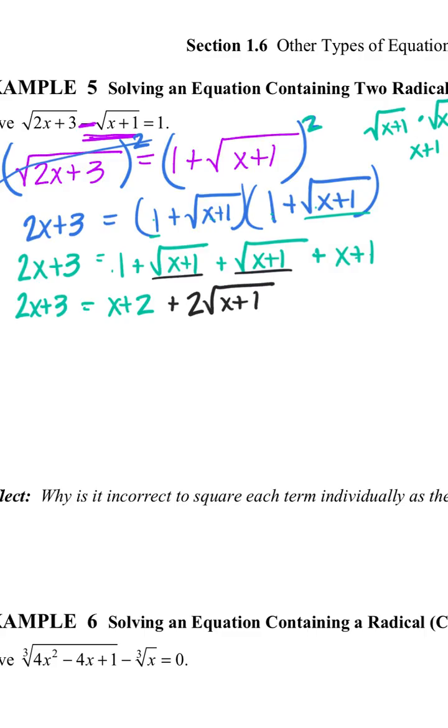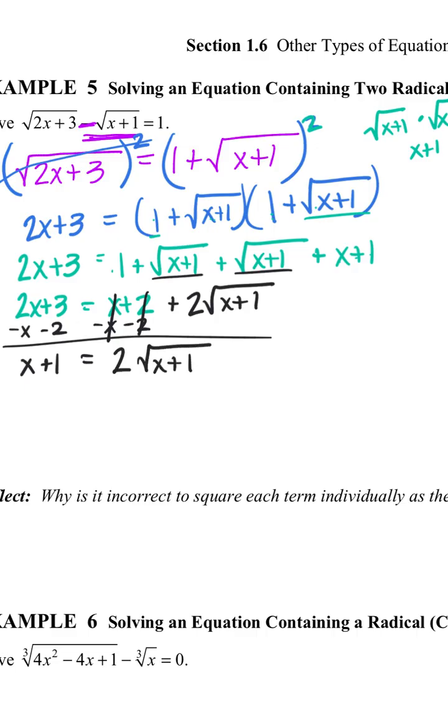I'm just going to call it square root instead of saying what's underneath every time. I'm going to move this x over here, and this 2 over here also. So 2x minus x is x. 3 minus 2 is 1. Cancel, cancel. Now I've got 2 square root of x plus 1.